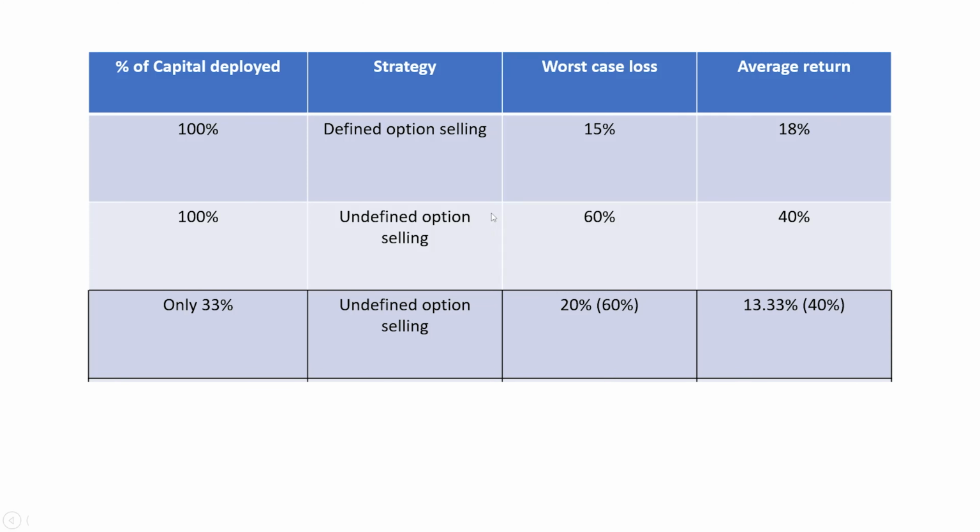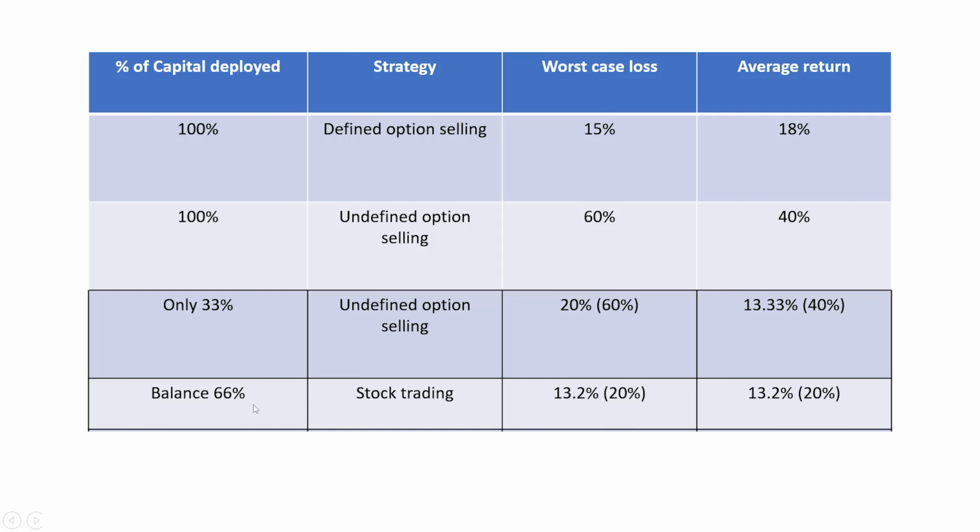Now if you deploy only 33% of your overall capital in undefined option selling, your worst case loss will be 20% of your overall 100% capital, considering a 60% loss on that portion. Your average return will be 13.33% of your capital. Now the balance 67% you would trade in stock strategies, and that would yield a return of 13.2%, considering 20% average return per year.